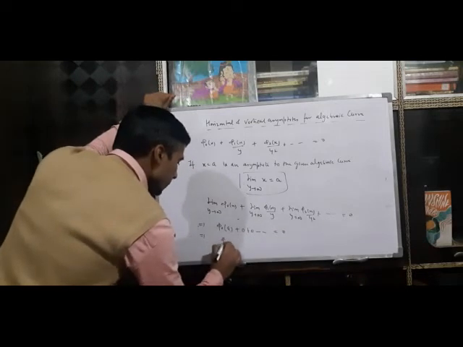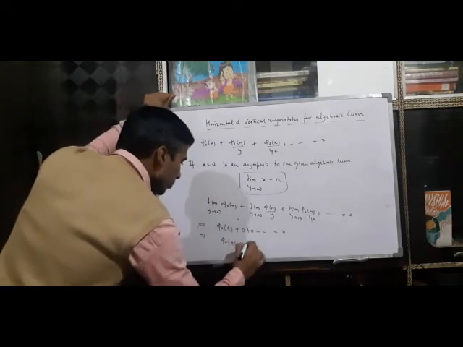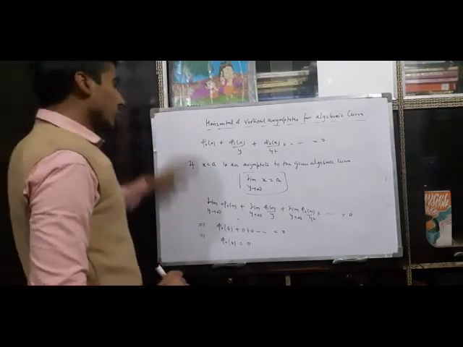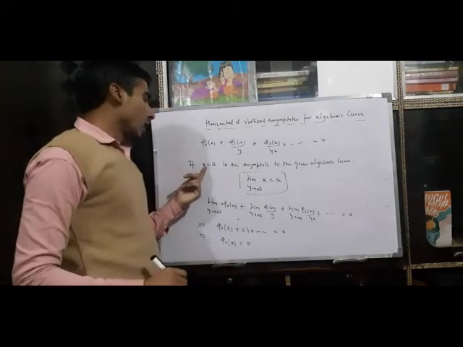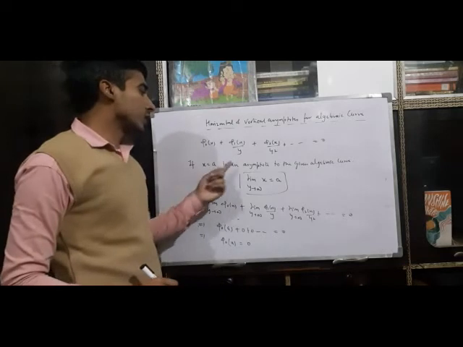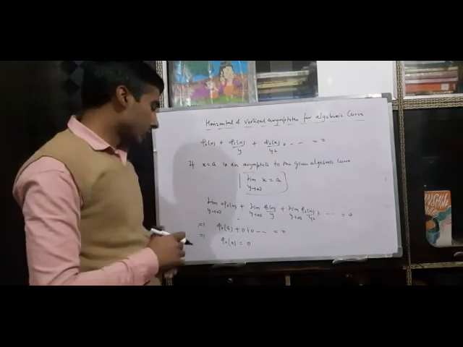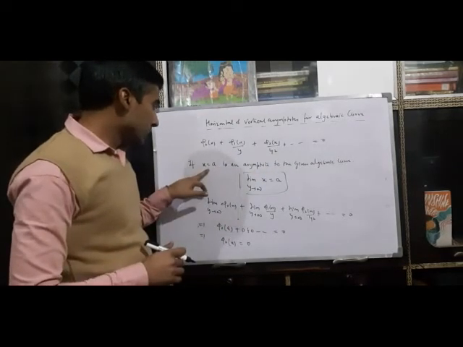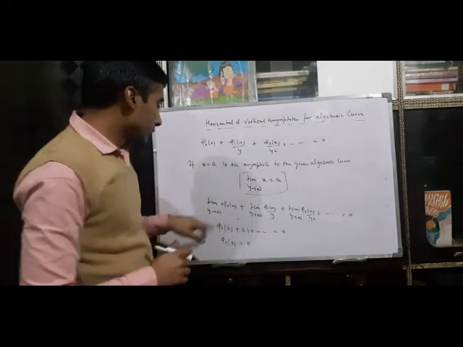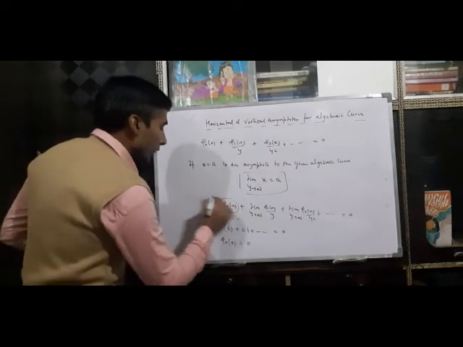That implies phi naught a equal to 0. So we concluded that if x is equal to a is an asymptote to the given algebraic curve, then this a is nothing but the root of this function phi naught x.